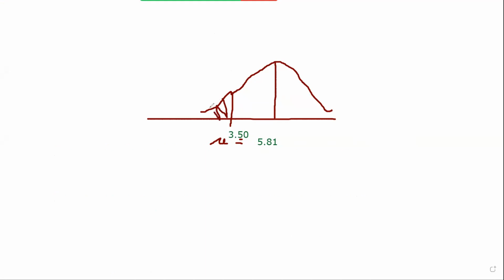We're looking for this probability in the tail here. And we want to find the z-score. So this is where our formula comes in that we were reviewing. So we have z is equal to x minus mu over sigma.